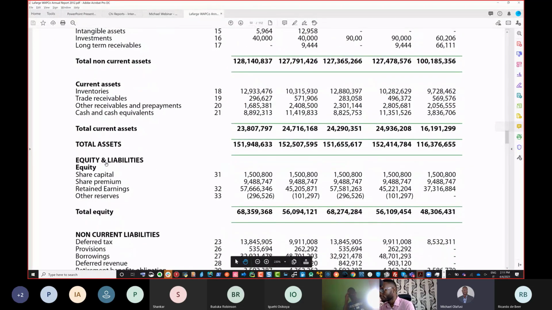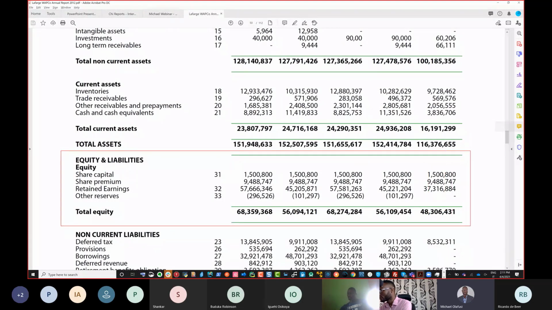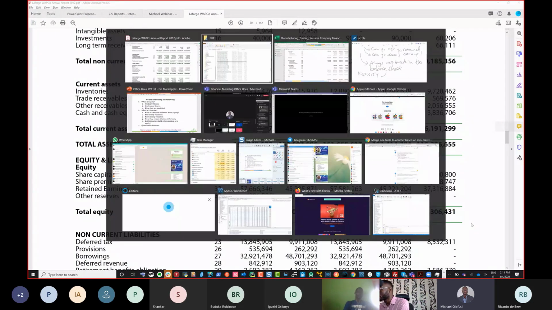So you see what I've mentioned, right? That you will always find it there. You don't need to do any calculation. There's usually no argument about what the equity is. You will always find it in the financial statement. Clear? So now let's move on to the different types of equity.